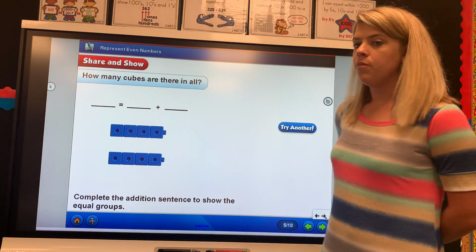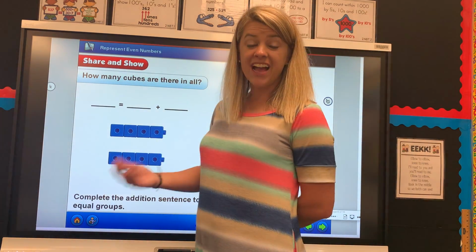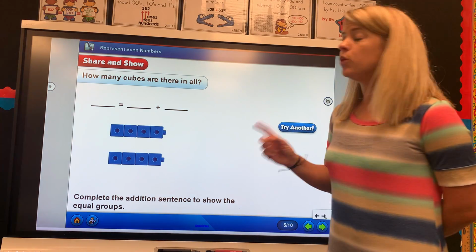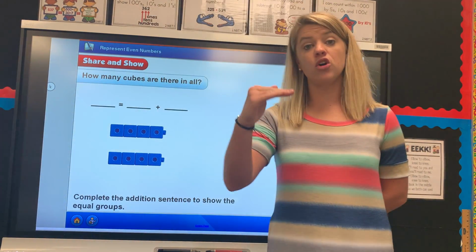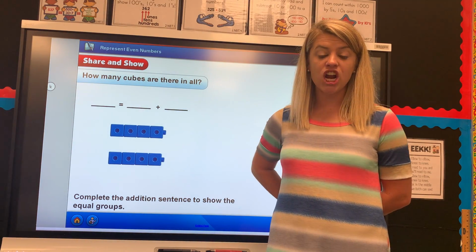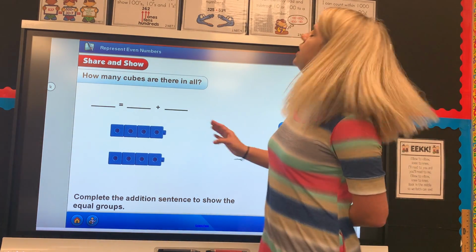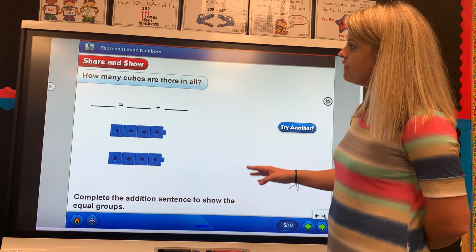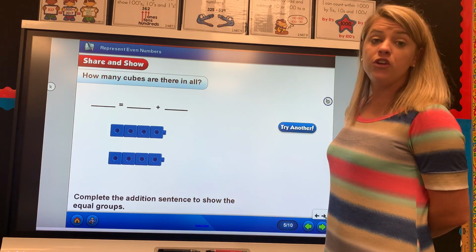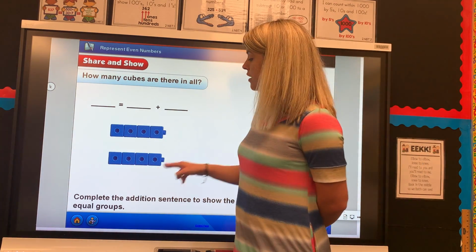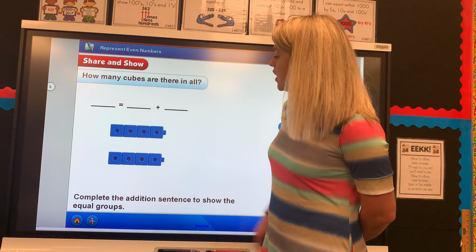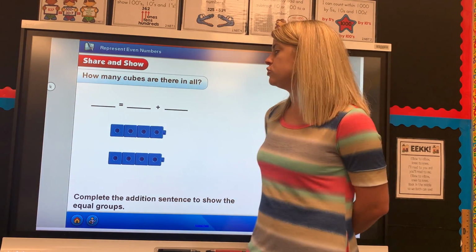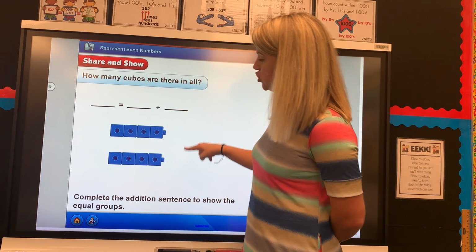Now, what you're going to do, they actually skipped one on my slide. So we're going to look at problem number 2. If you slide down on your page to where it says share and show, we're going to look at problem number 2 first. All right. If you look at your book, you'll see blue cubes on problem number 2. We want to know, remember, the first thing that goes right there is how many are there total.